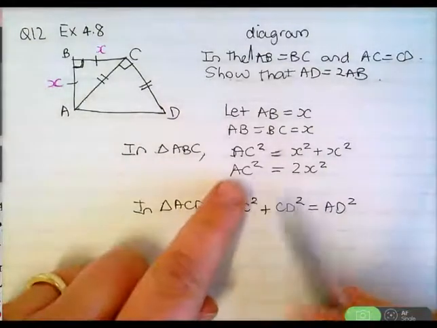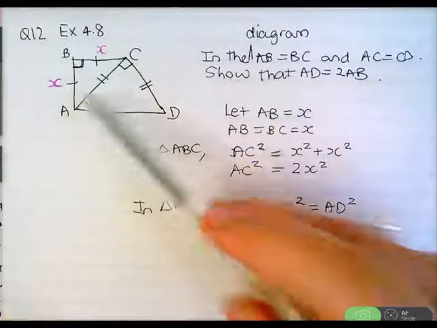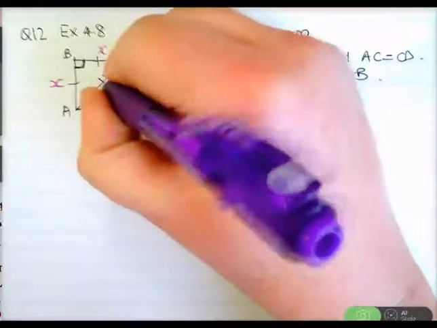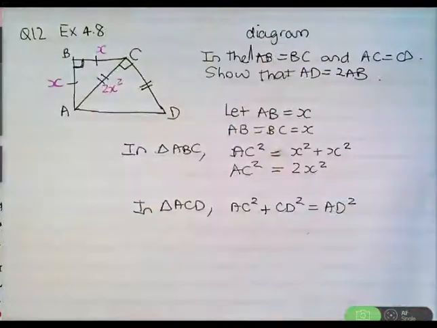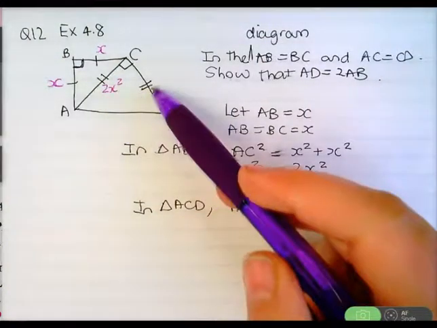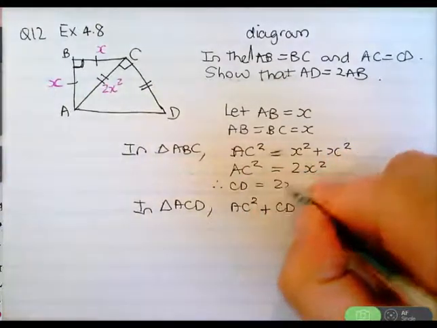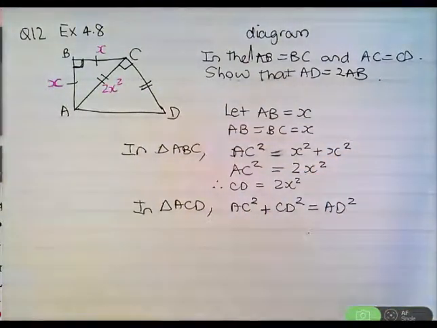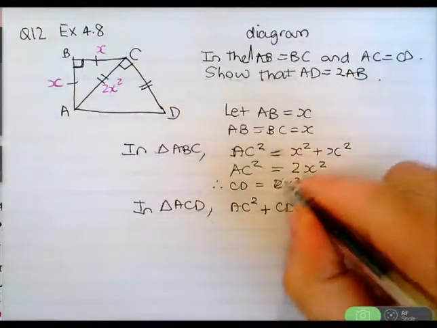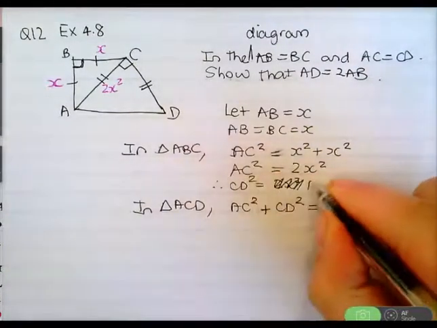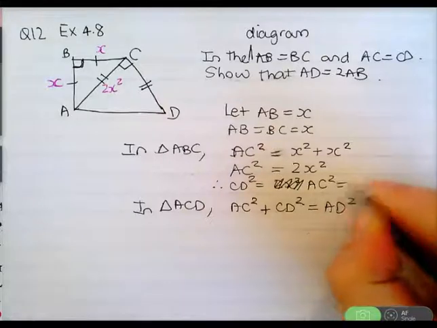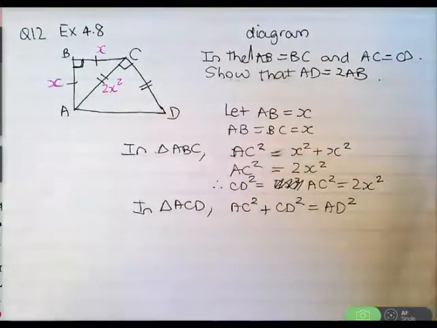Girls, I'm going to keep this as AC squared. Do you know why? Because I've just worked this out, it's 2x squared. Tell me what else you know. If AC is 2x squared, CD equals AC as well. So therefore CD squared is equal to AC squared, which is also equal to 2x squared. Oh, girls, I'm very naughty here.